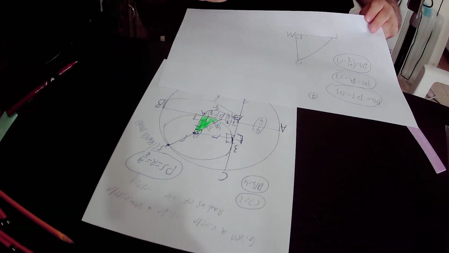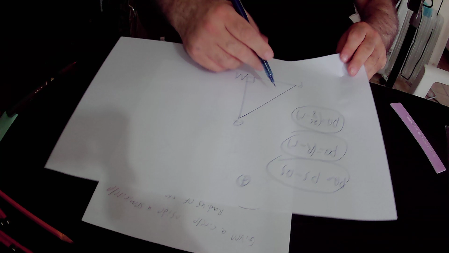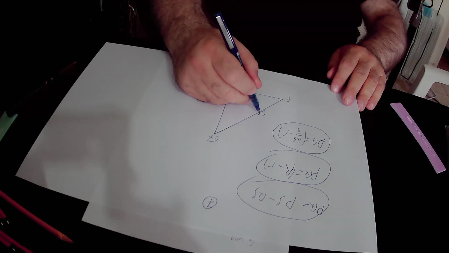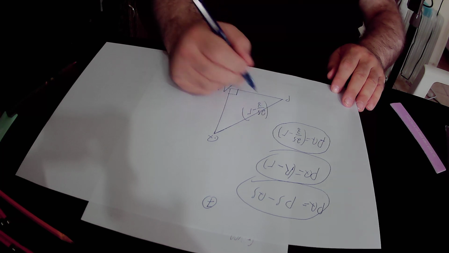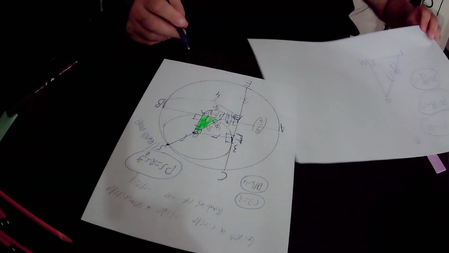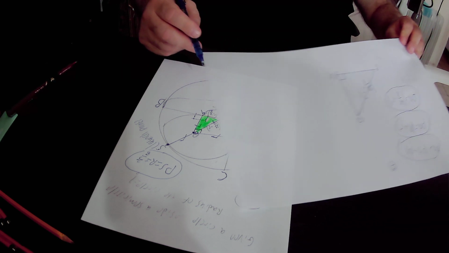We have already found that PQ equals 25 over 8 minus small r. We have already found that PM equals small r minus 7/8.